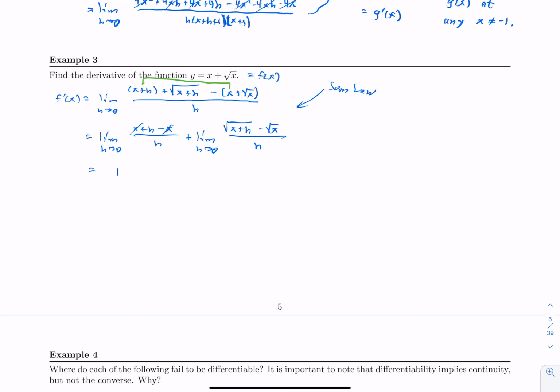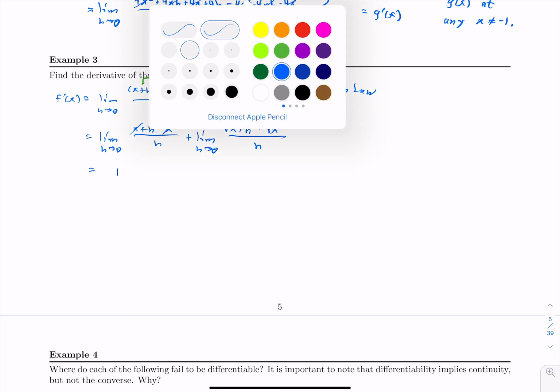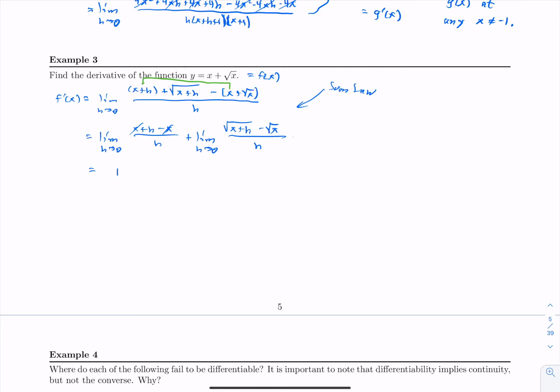For the other part, you know that we're going to multiply by conjugates. So we're going to multiply by square root of x plus h plus the square root of x over the same thing. We're multiplying by that over itself. So we're multiplying by the conjugate, top and bottom. We don't switch the sign under the radical, we switch the sign between terms.